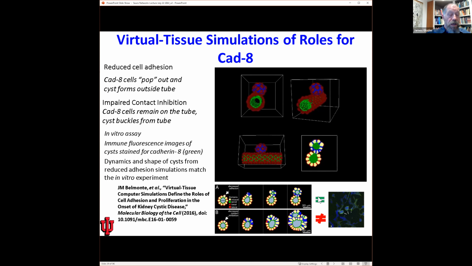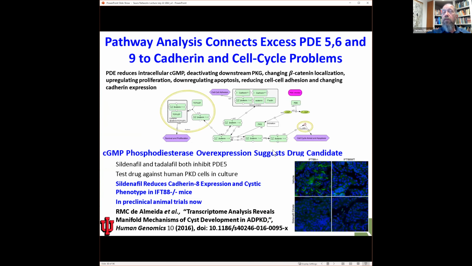The morphology and dynamics of those cysts depended on the particular signaling mechanisms and adhesion defects that were present, and we're able to rule in and out certain mechanisms that were possible in the disease. And that was then combined with more classic bioinformatics analysis to suggest some drug targets that we're evaluating now in animal models.